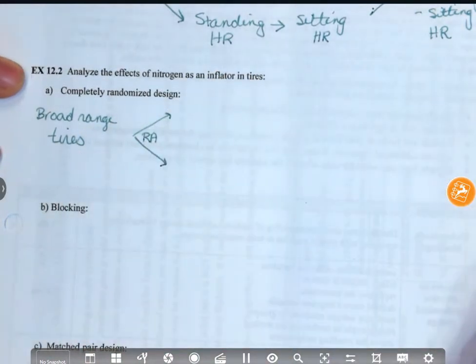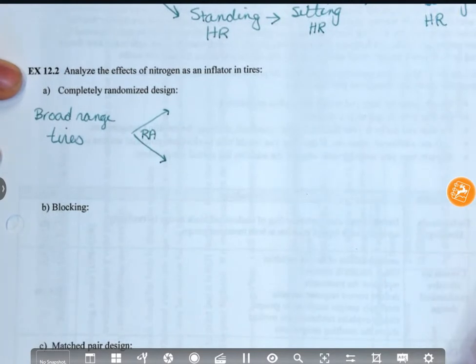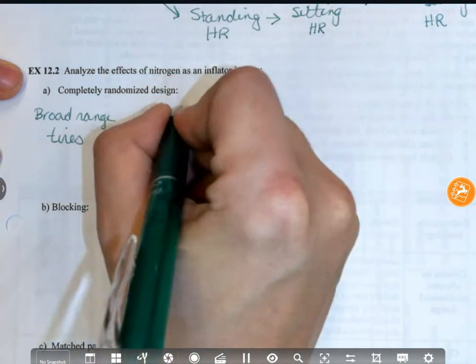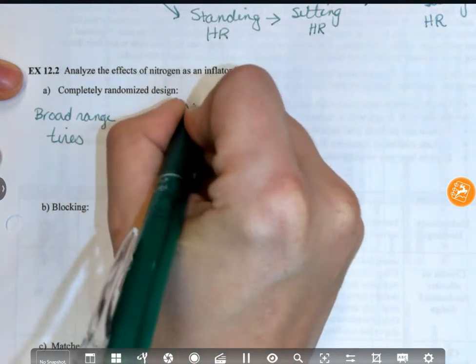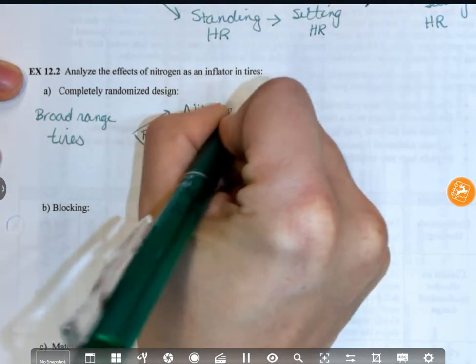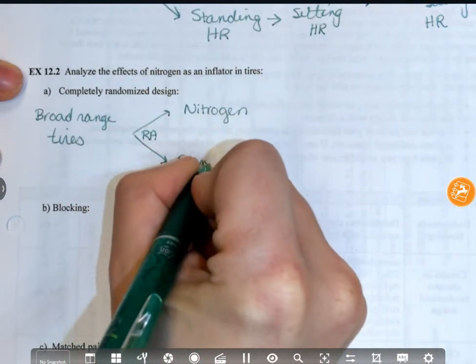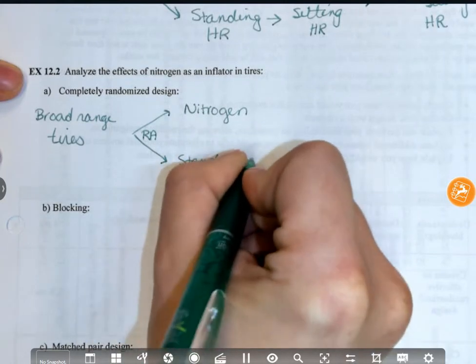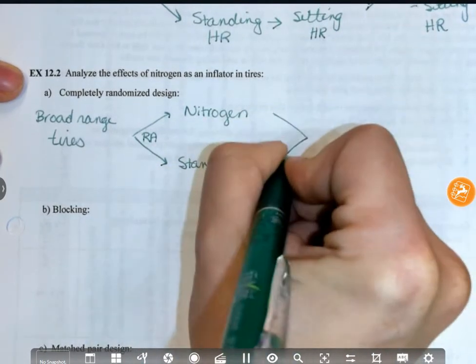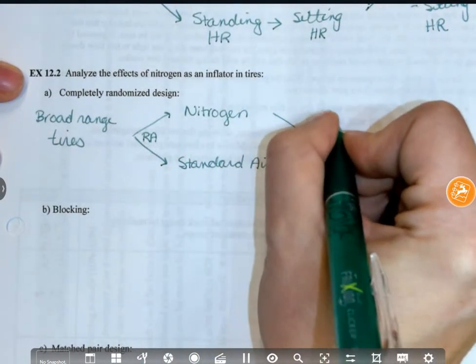RA. If you don't say it, it didn't happen. RA. So you're going to randomly assign tires to the nitrogen treatment and tires to the standard air treatment. And then we're going to compare something.